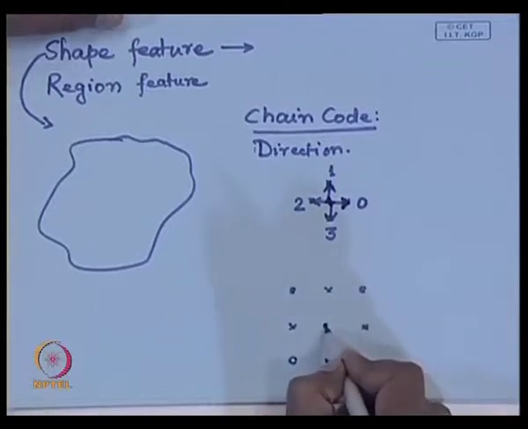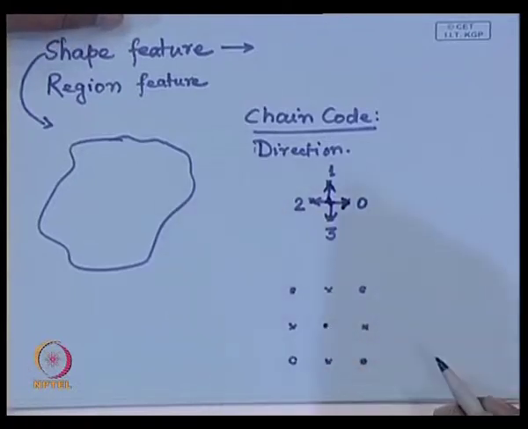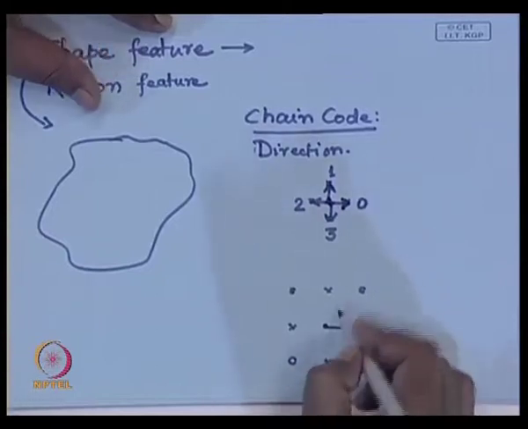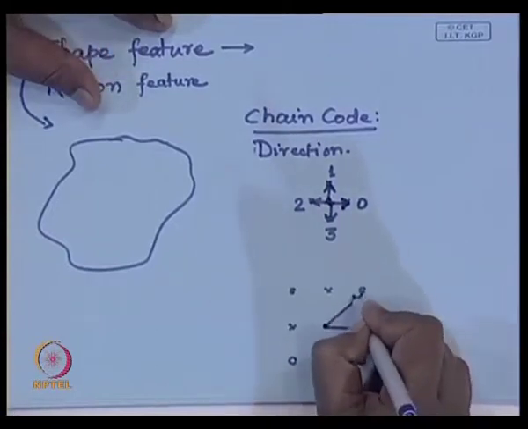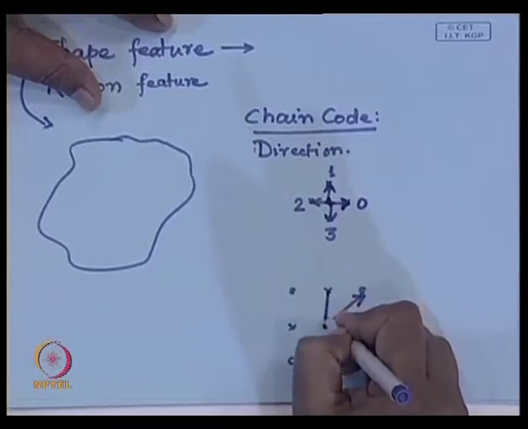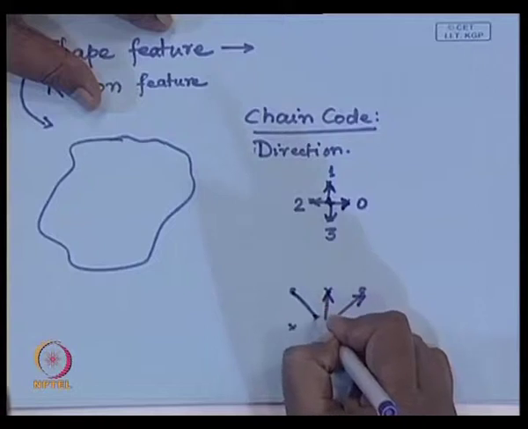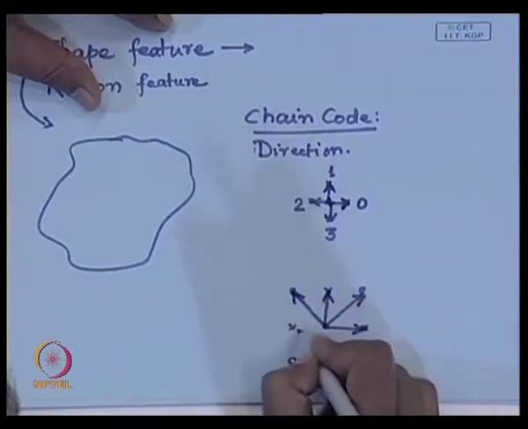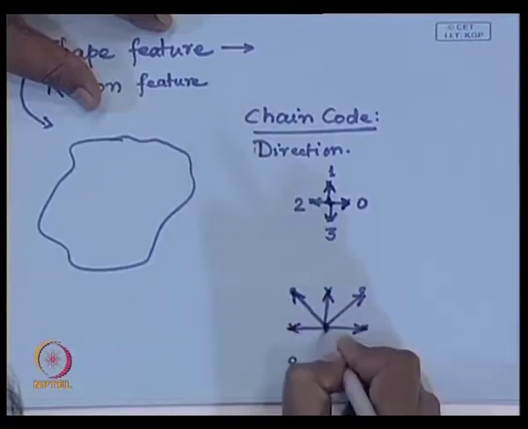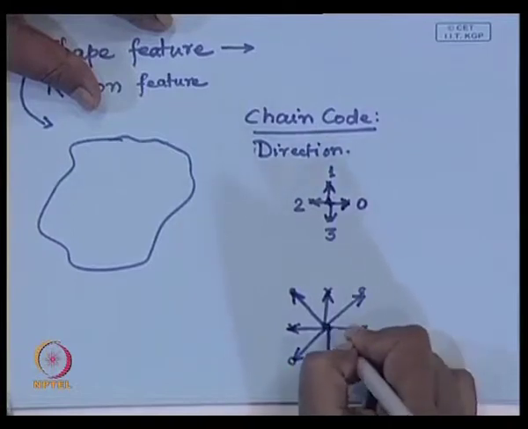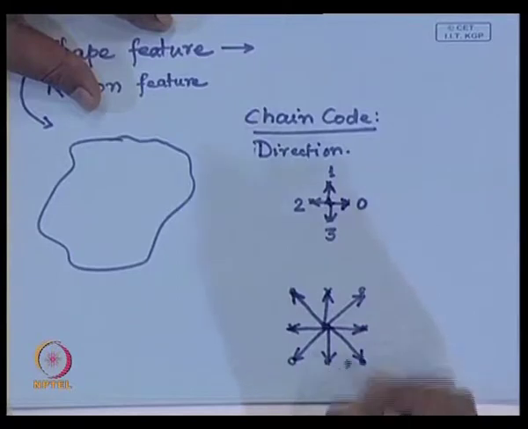Now from the center pixel I can move in any of 8 directions: east, northeast, north, northwest, west, southwest, south or southeast.